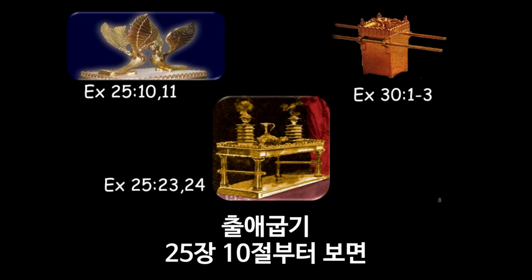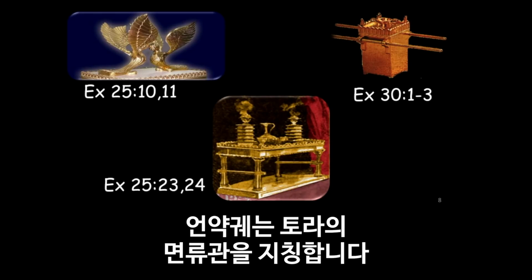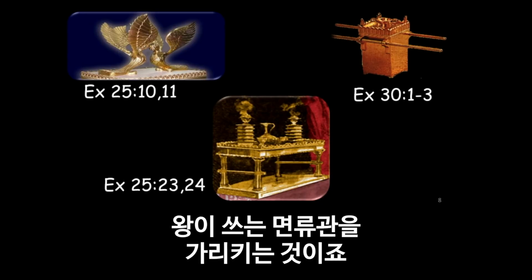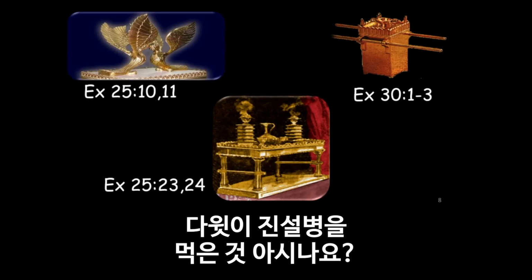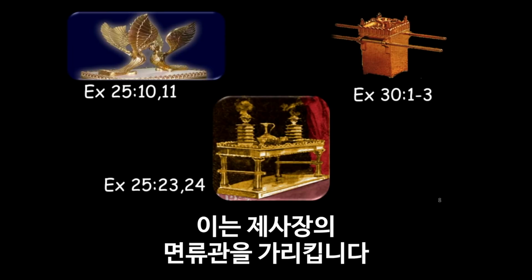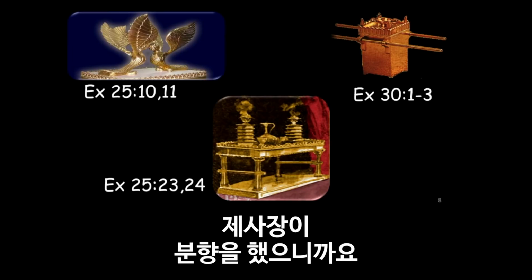In Exodus 25:10 and on, the Ark of the Covenant refers to the crown of Torah. Exodus 25 refers to the table of showbread, which is the crown of kingship. Remember, David ate the showbread. Exodus 30 is the altar of incense, and it refers to the crown of priesthood. The priests were offering the incense.